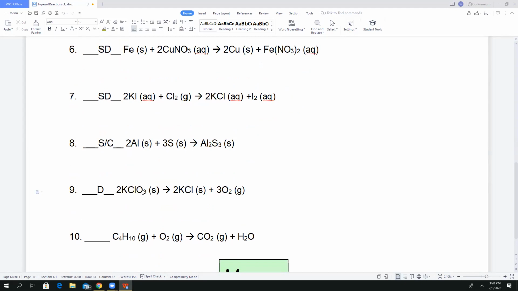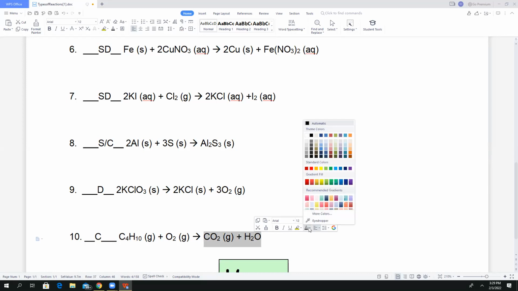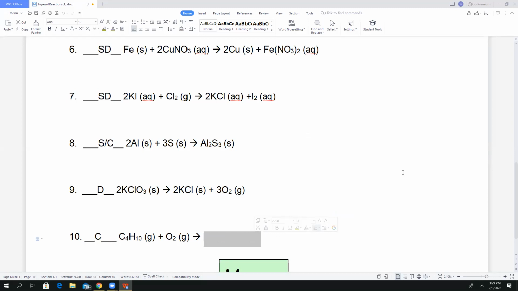That's how you do it. All right, this one's another combustion reaction. How do you know? Once again, you have a hydrocarbon right here, and you have oxygen, and your products are carbon dioxide and water. They're always carbon dioxide and water. So if this was to be removed, like if I took it and made it white, and I said, what's the products?